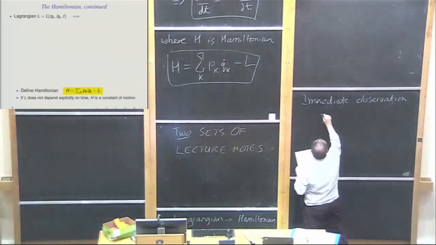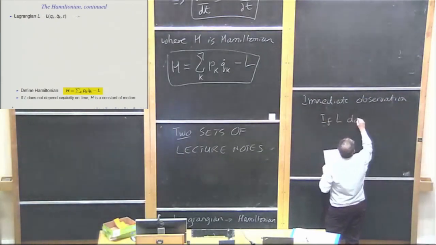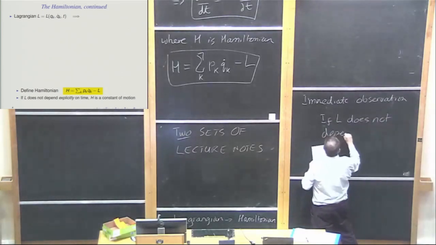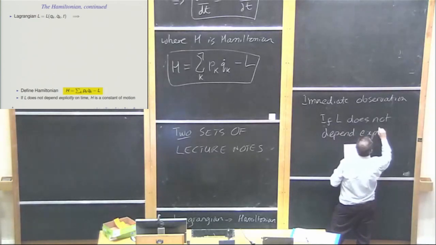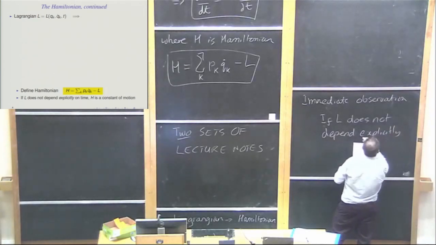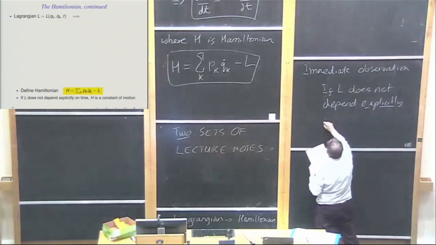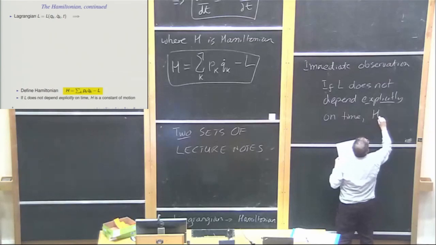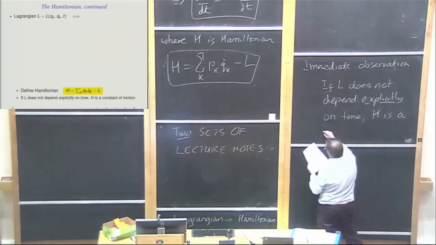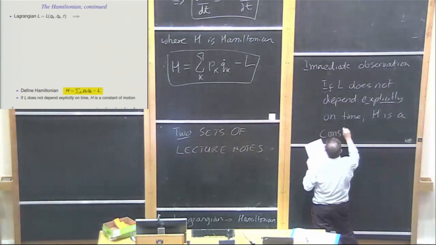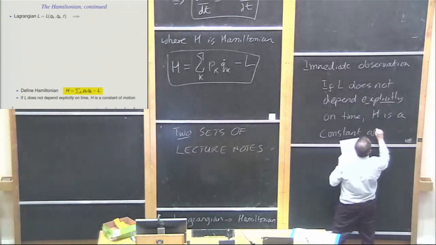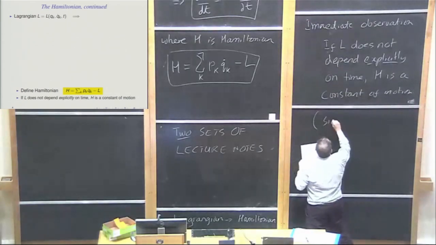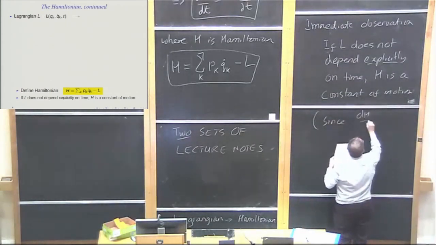So if L does not depend explicitly on time, then H is a constant of motion, since dH by dt will be equal to 0.